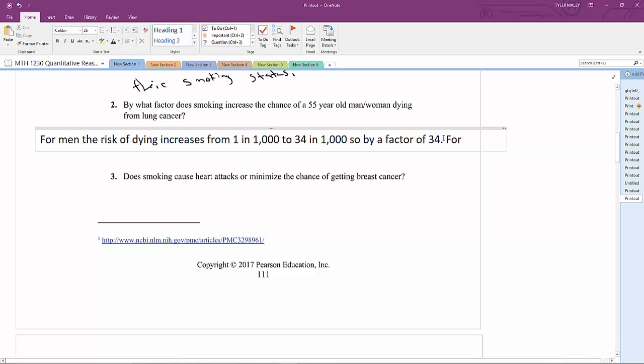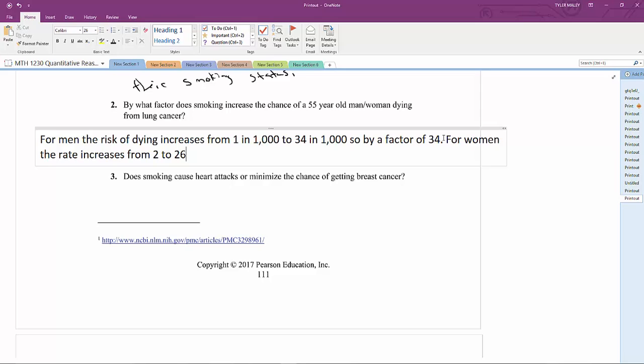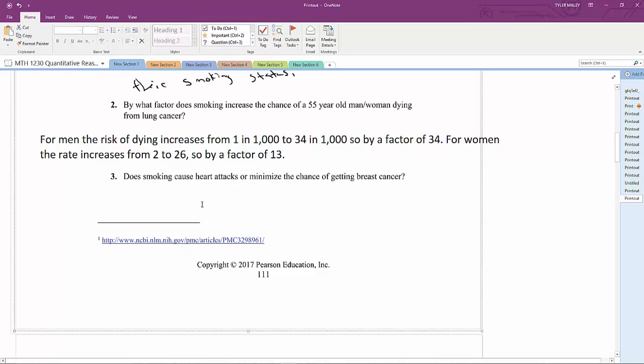And we could say for women, the rate increases from 2 to 26, so by a factor of 13. We could say something along those lines.